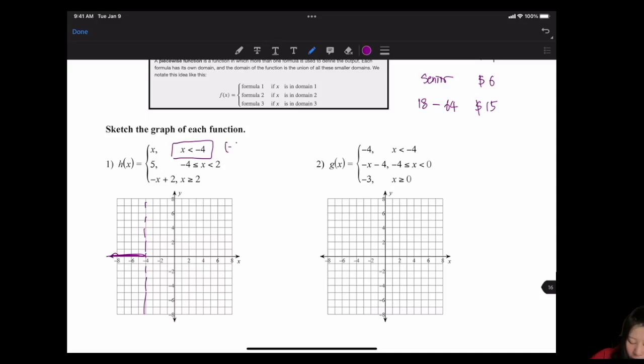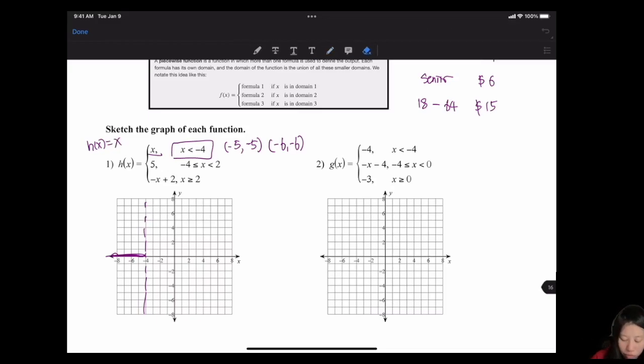Let's say when x equals -5, -5 is less than -4, so we can use the first function. So h of x is equal to -5. When x equals -6, h of x equals -6, because h of x equals x.